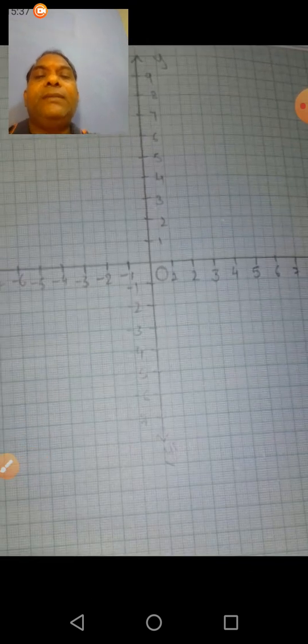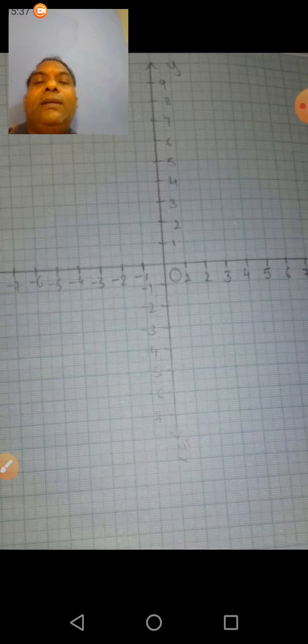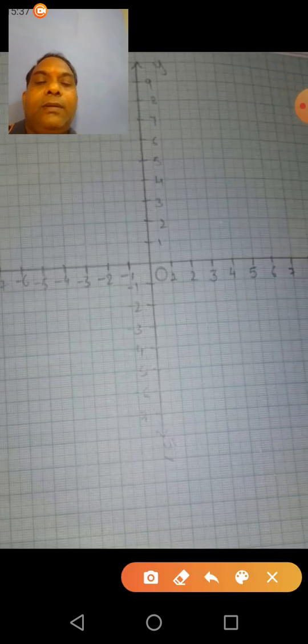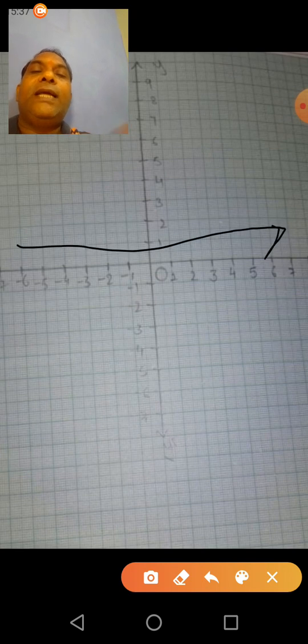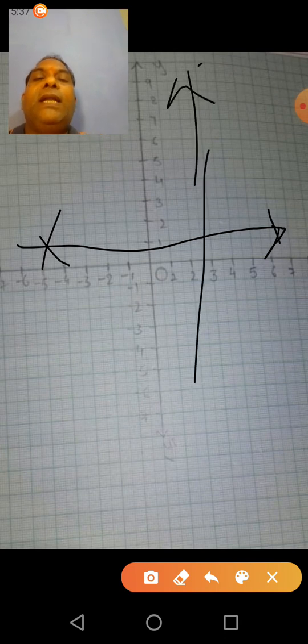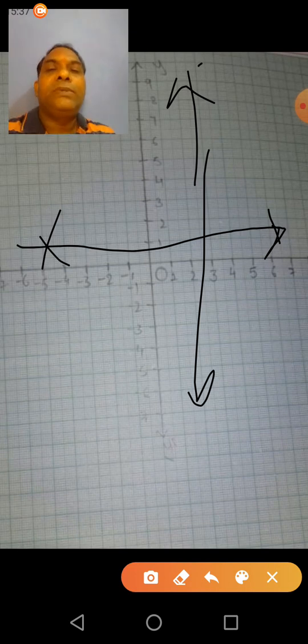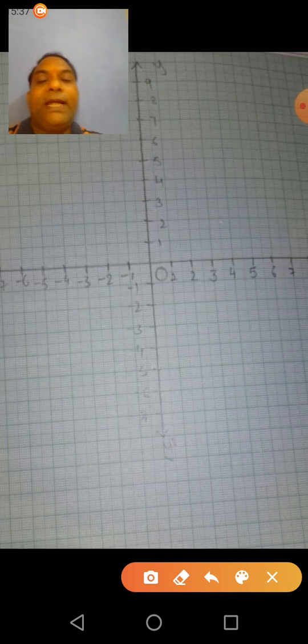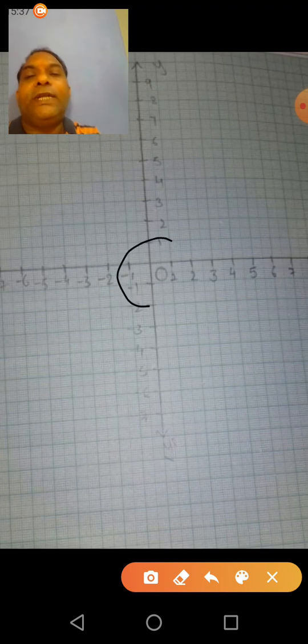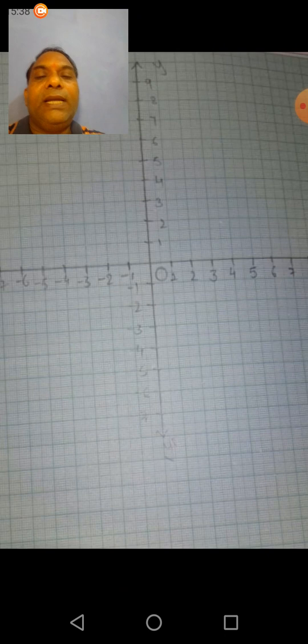So it means here Cartesian plane, horizontal line is known as x-axis, vertical line is known as y-axis, intersection of x-axis and y-axis known as origin O. Clear?